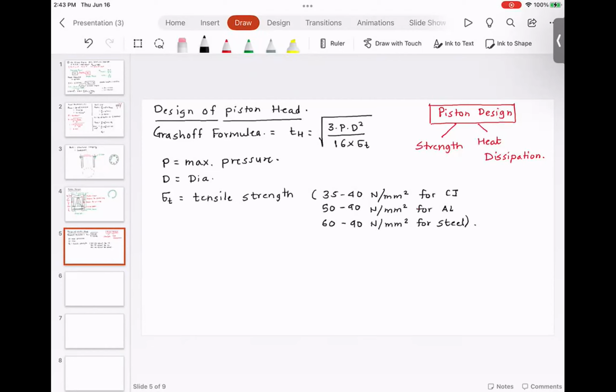So this formula is based on the strength.